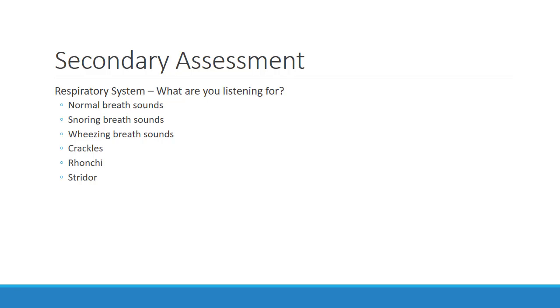Let me back up just for a second. Crackles is fluid, so it can be caused from a variety of reasons, but it is fluid that is in the lung space, lung tissue. Then you look at rhonchi. Rhonchi is usually a fluid, but it's very thick, and it will sound like if you blew through a straw through maybe molasses or something like that.